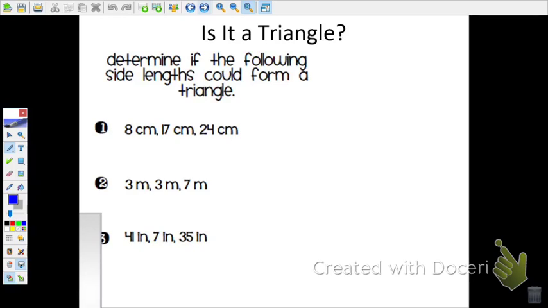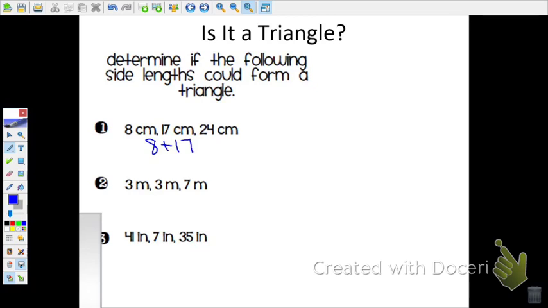So if you open up the flap that says, is it a triangle? That is what we're going to do. It says to determine if the following side lengths could form a triangle. Instead of having to write down all three combinations, we're going to add the two smaller ones together, which are the 8 and the 17. So I'm going to write down 8 plus 17.